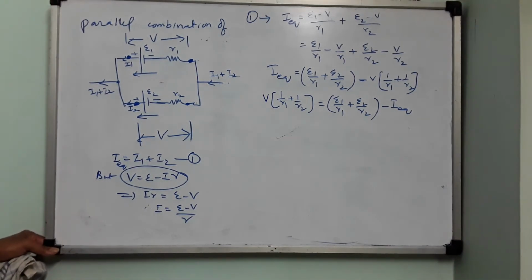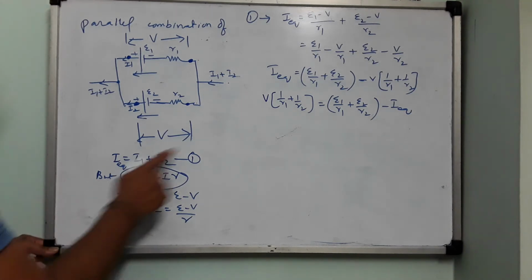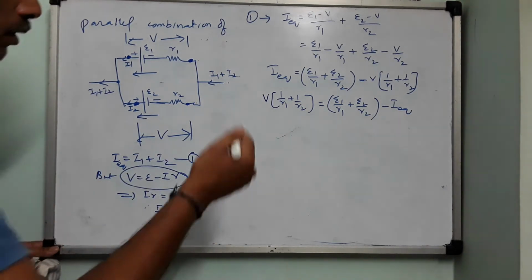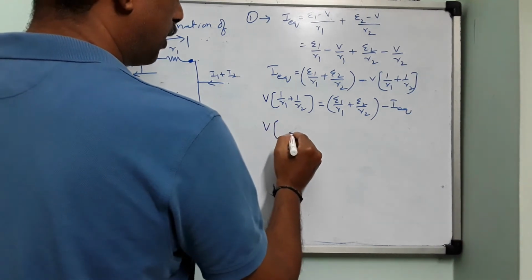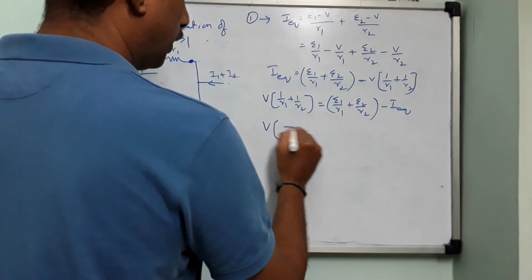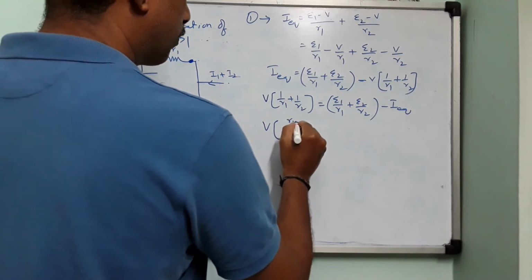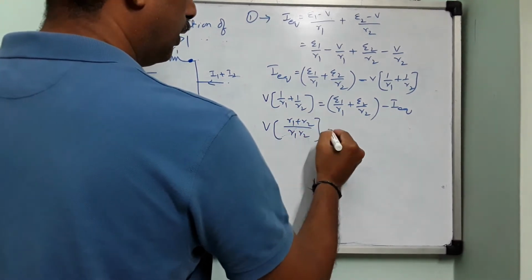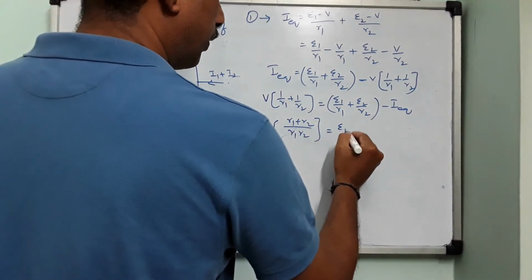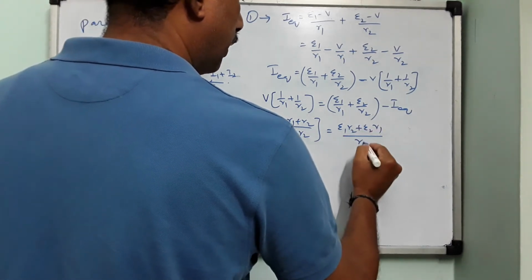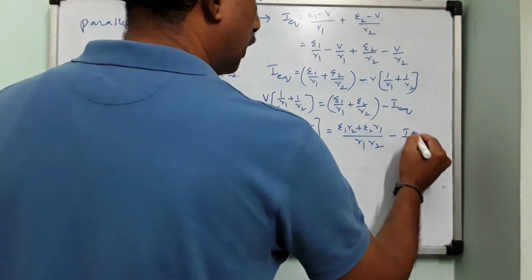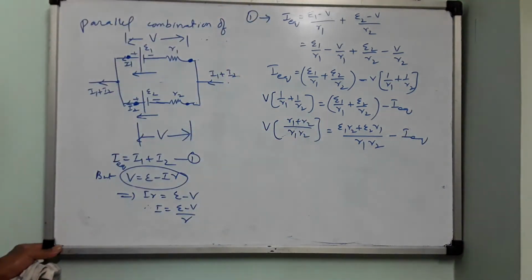Right. But what is there on the LHS? Only V is there. But we have this resistance factor also. So we will simplify this now. V into, the LCM is R1 into R2. Here this will become R1 plus R2 in the numerator, equals E1 R2 plus E2 R1 divided by R1 R2, minus I equivalent.